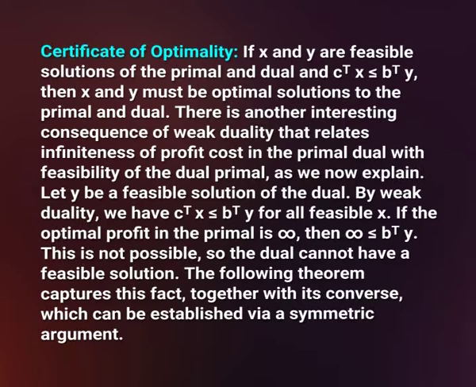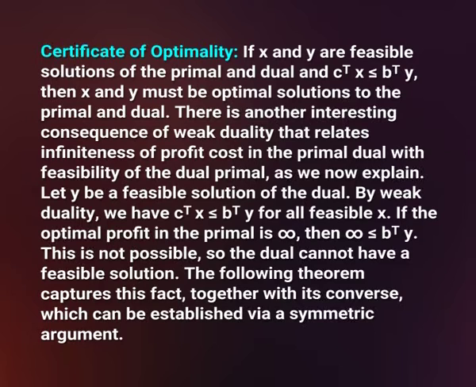There is another interesting consequence of weak duality that relates infiniteness of profit or cost in the primal or dual with feasibility of the dual or primal. As we now explain, let y be a feasible solution of the dual.